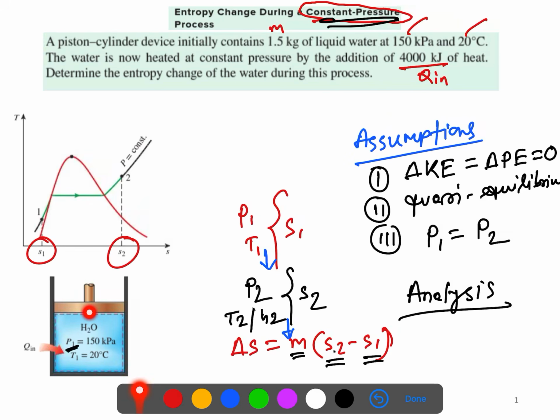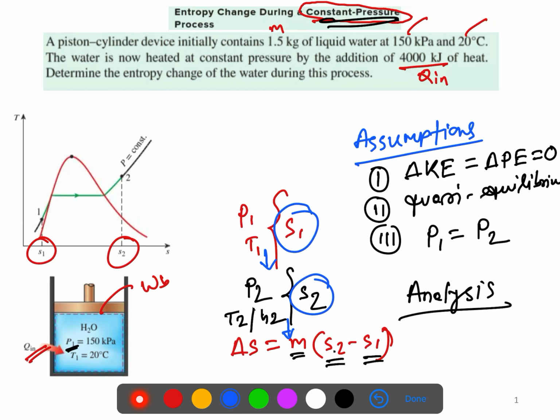The other is the heat energy, the Q in, and we have the moving boundary work, W_B. So I can write that we have the boundary work W_B and the energy in. Right, so first we'll calculate S1. That's our ultimate target. We need S1 and S2.